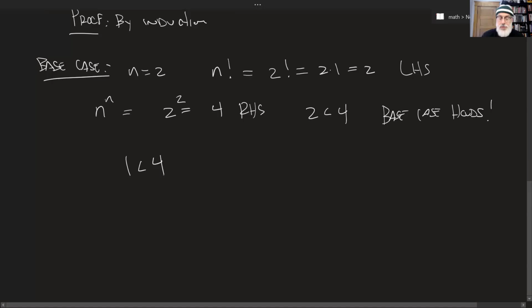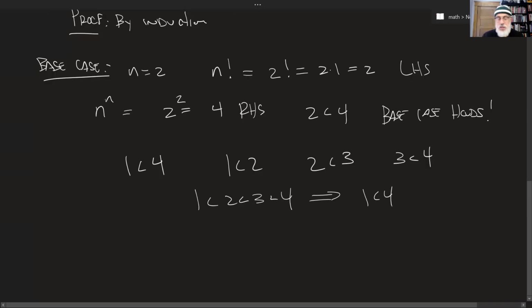It's an obvious statement. Now I can compare 1 and 2 and say, obviously 1 is less than 2. I can also compare 2 and 3 and say 2 is less than 3. And I can compare 3 and 4.